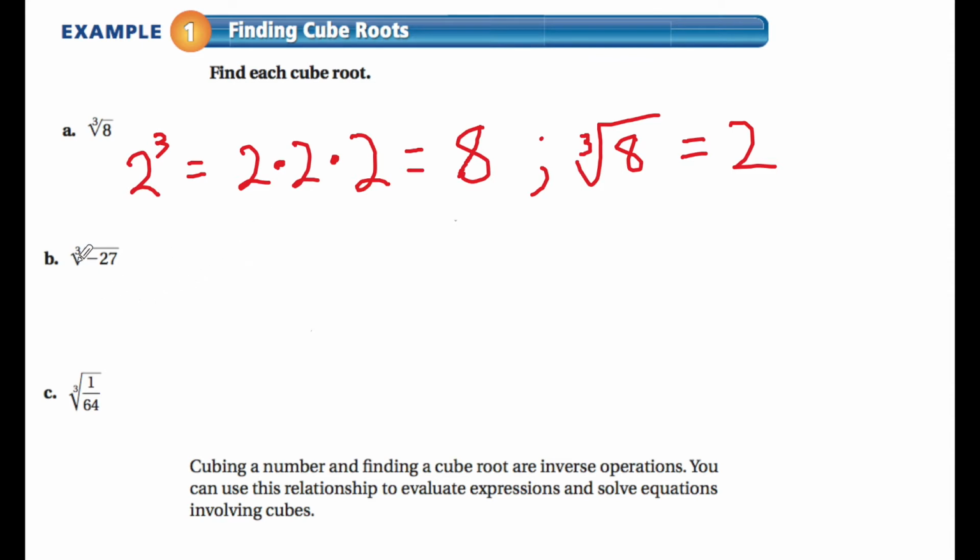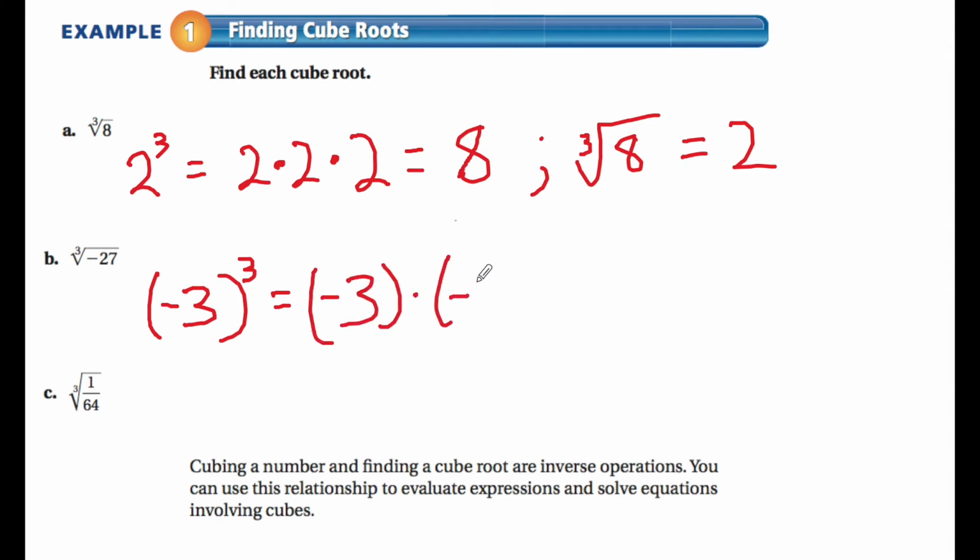For B, the cube root of negative 27. Well, we haven't seen negatives yet, but we know that negative 3 to the third power is equal to negative 3 times negative 3 times negative 3.